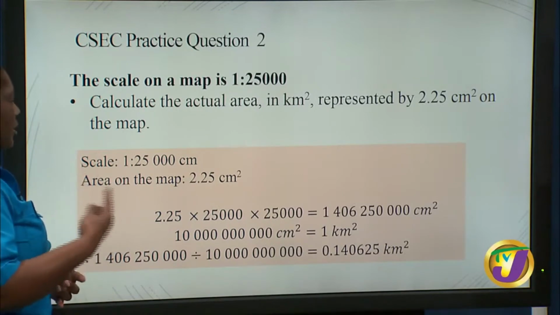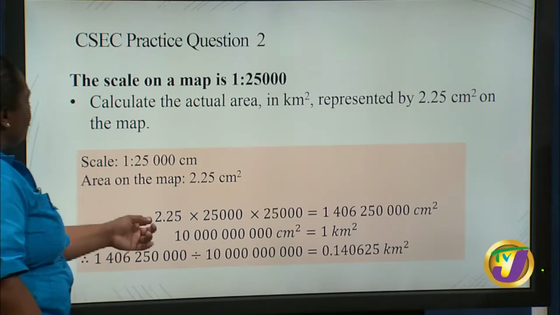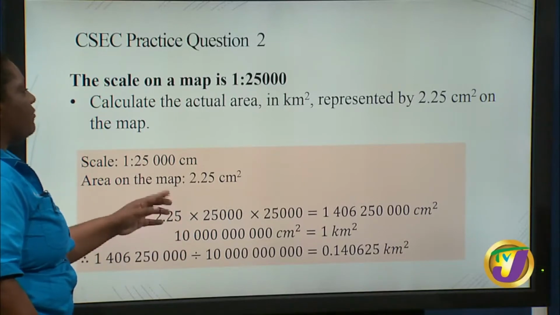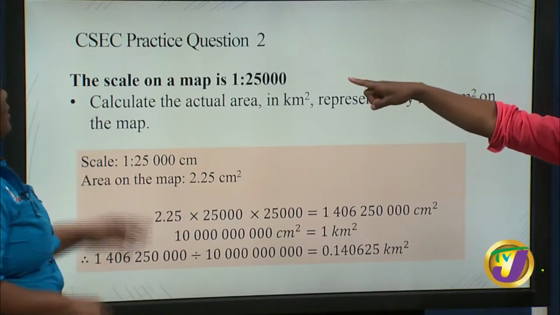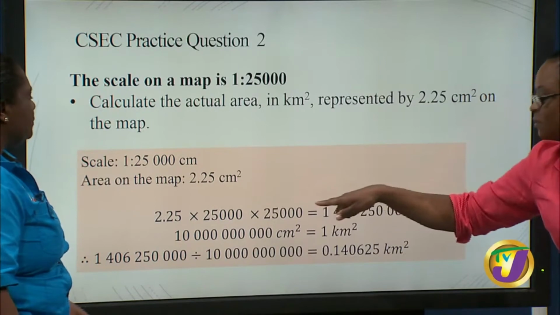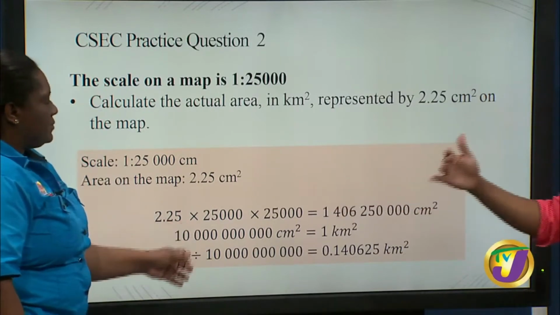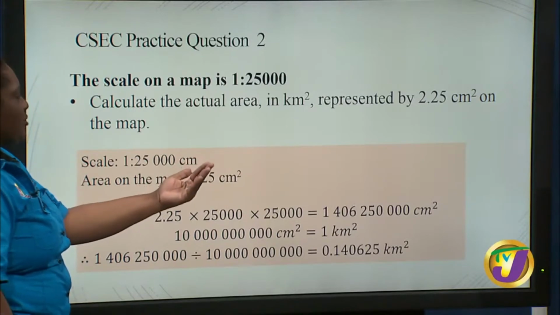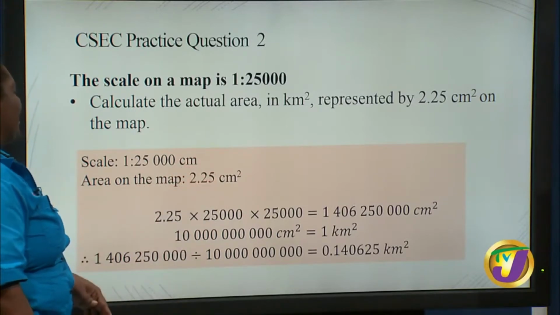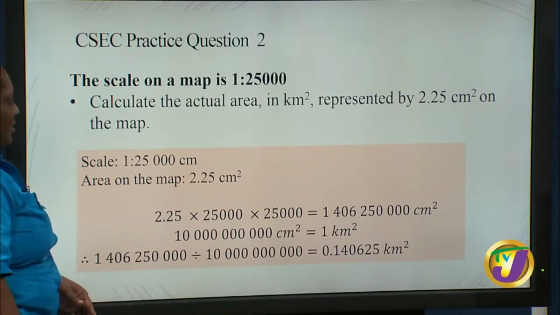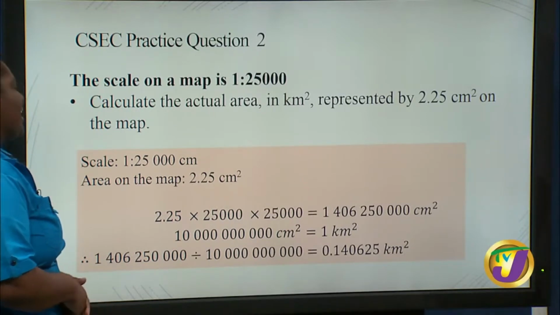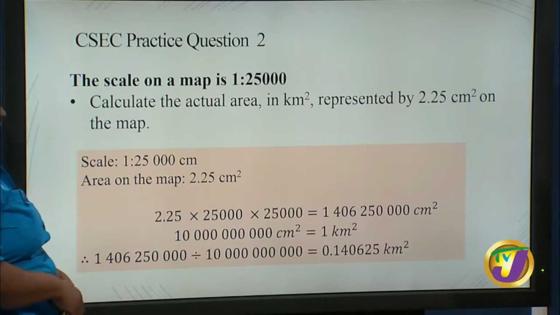Now, because we're dealing with area, it is 2.25 multiplied by 25,000 squared, which is 25,000 multiplied by 25,000. That gives us a very large number: 1,406,250,000 square centimeters.